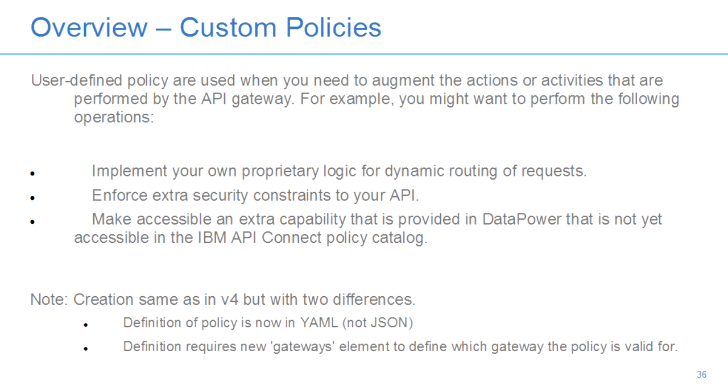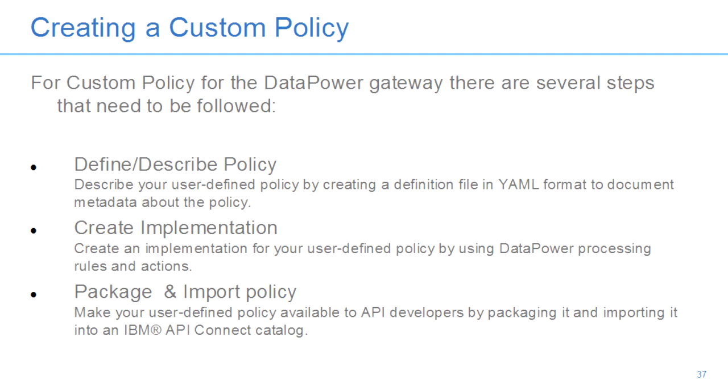Now it has to be in YAML format, and because we now support two gateways, and the implementation for the different gateways, the DataPower gateway and the micro gateway, is different, we need to be able to define which gateway the policies are available for. So within the policy definition, there is a new gateways element that you need to define, and for DataPower, you need to specify a DataPower gateway entry for your gateways element.